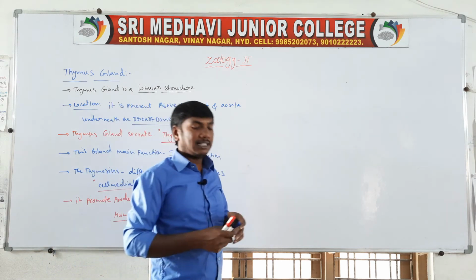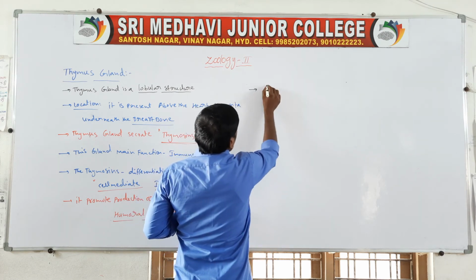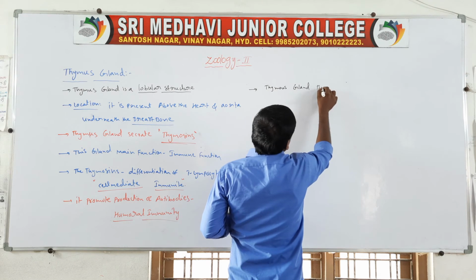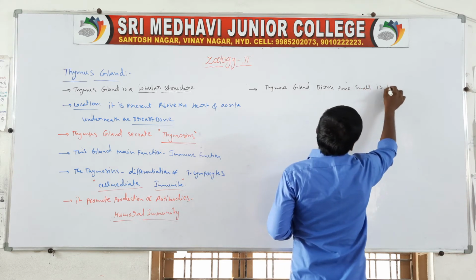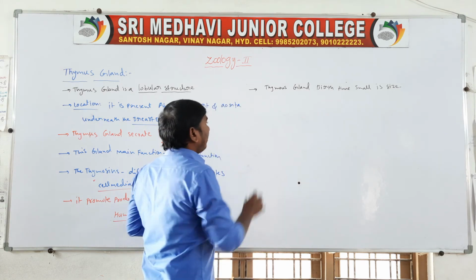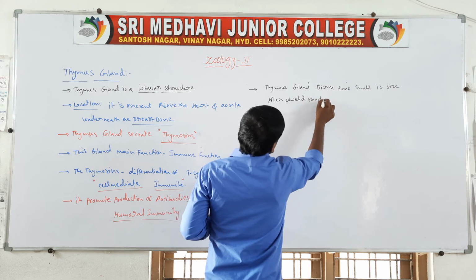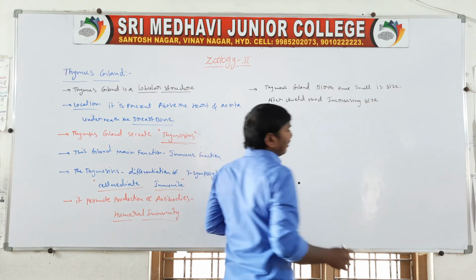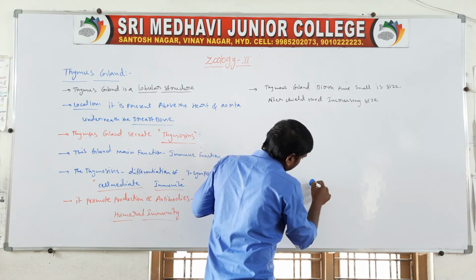Next, at birth time the thymus gland is small in size. After childhood, the size increases.